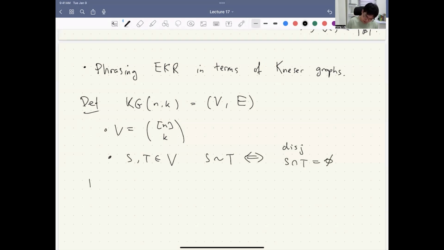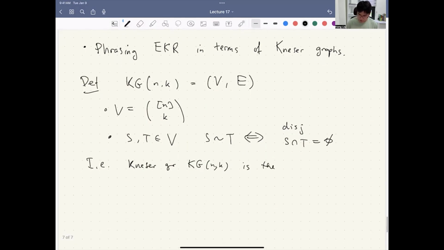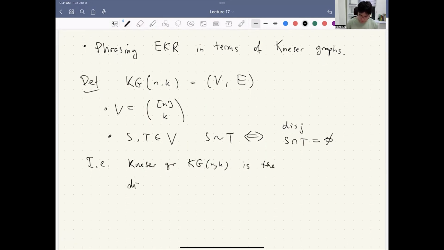In other words, the Kneser graph KG(n,k) is the disjointness graph of k-sets in [n].